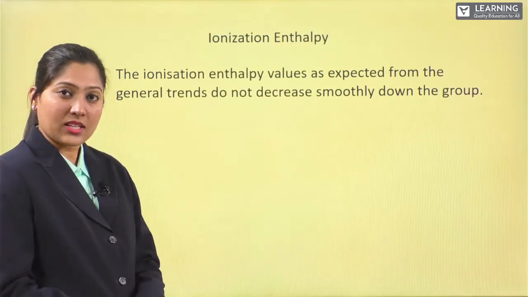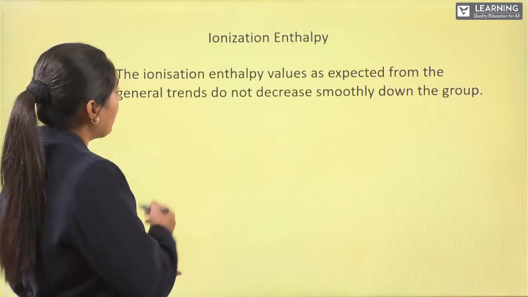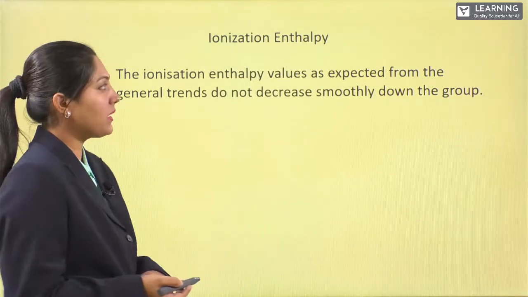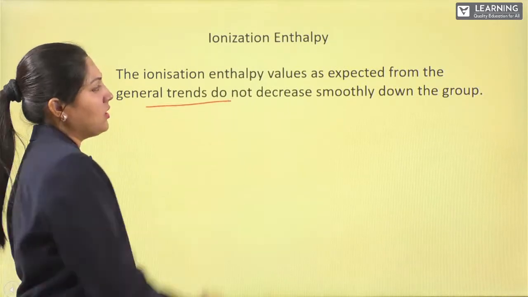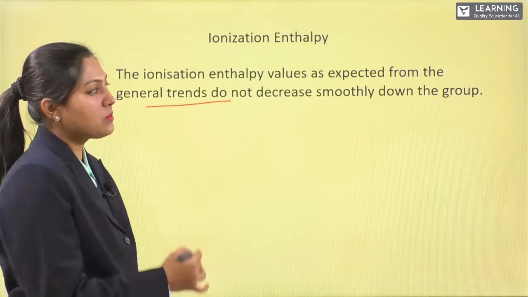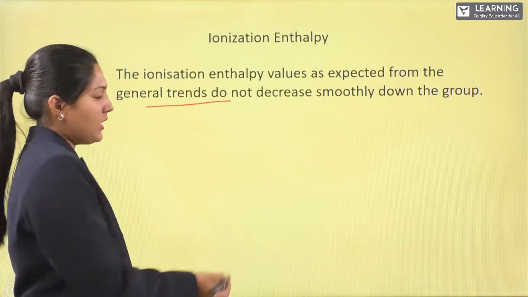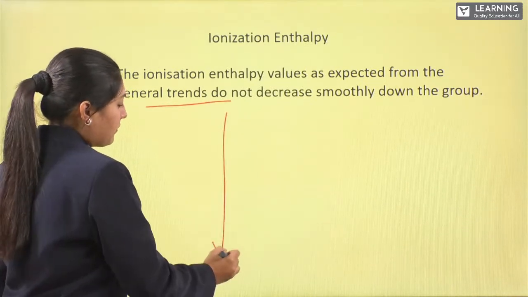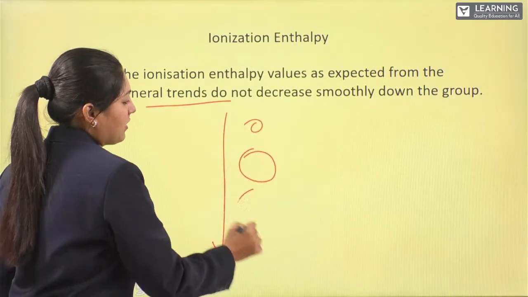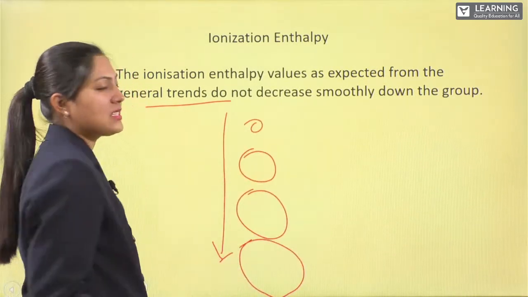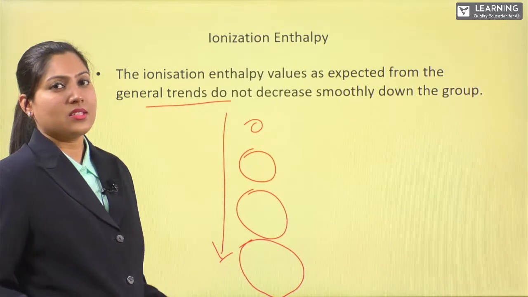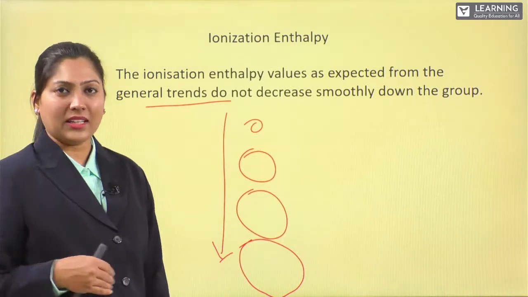Coming to the ionization enthalpy. Ionization enthalpy values do not decrease smoothly down the group, as would be expected from the general trend. As we know, it depends on size, right? Down the group, if the sizes keep increasing, we can easily say ionization enthalpy decreases.